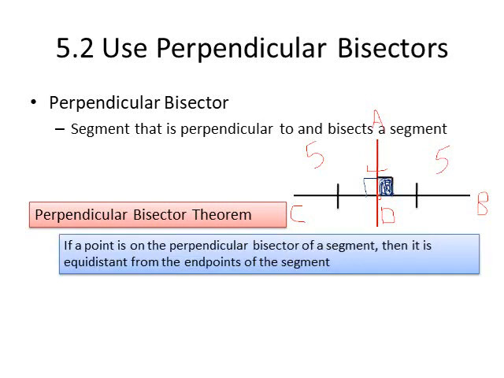The theorem: if a point is on the perpendicular bisector of a segment, then it is equidistant from the ending points of the segment. What is the meaning of that?